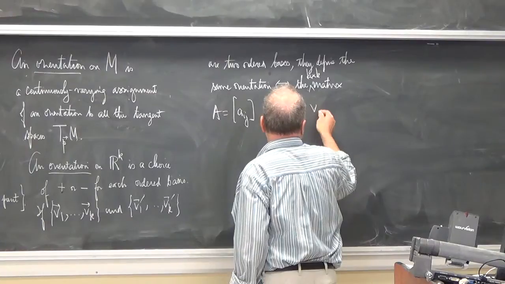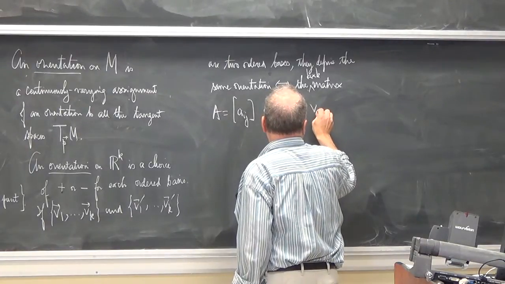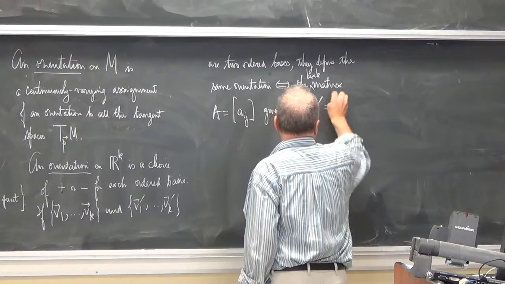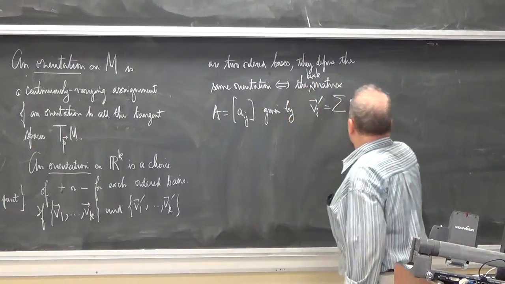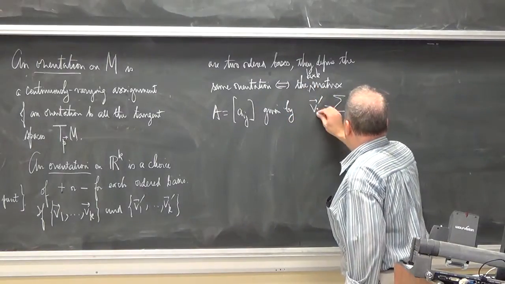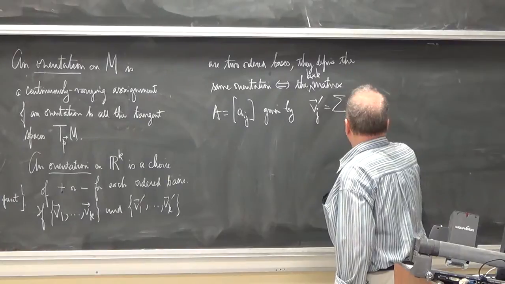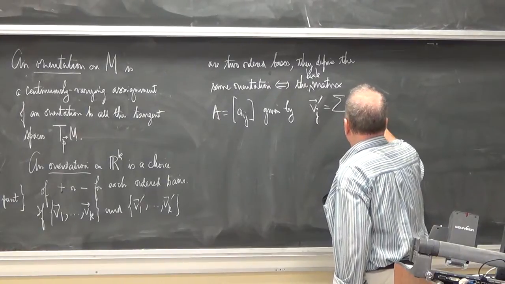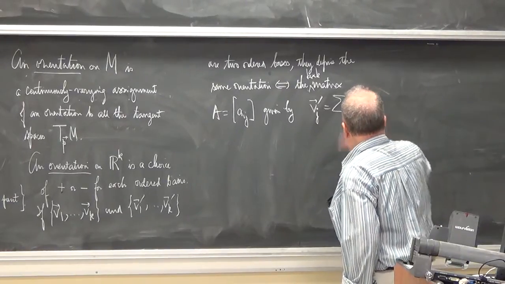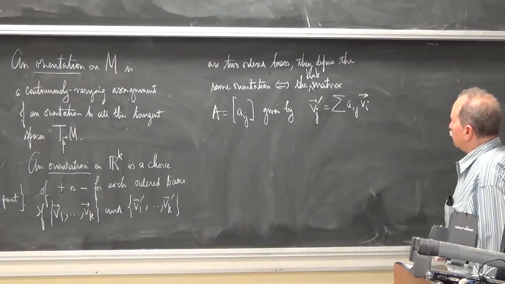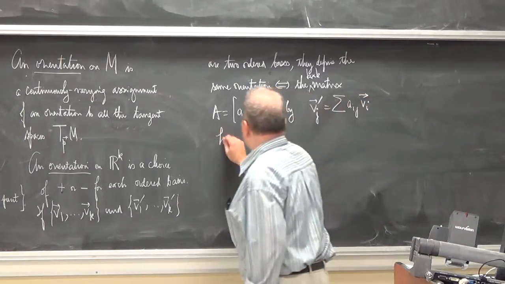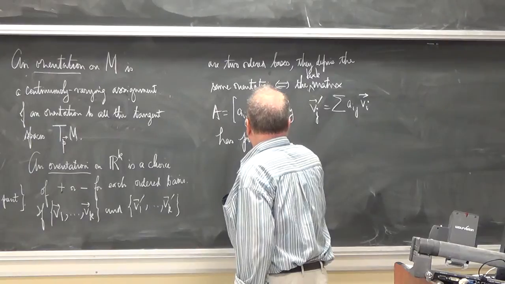So I write down v_j prime is the summation of a_ij v_i, has positive determinant.